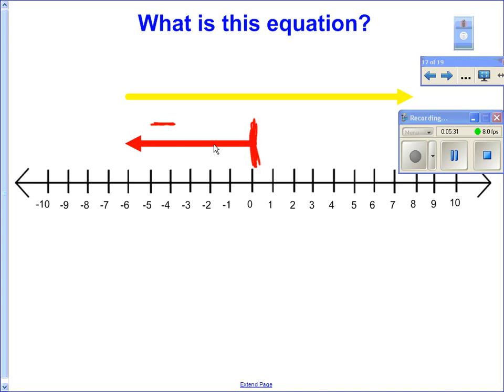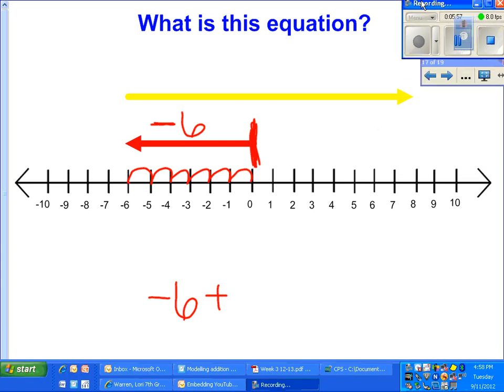Then you're going to count the jumps to the end of the arrow. This goes 1, 2, 3, 4, 5, 6 jumps to the left, so that is negative 6. That's going to be the first number in the equation. We are working with addition, so it's always going to be addition with the number lines. Then, to get the second number, you're going to start at the end of the first arrow and then jump until you get to the end of the second arrow.